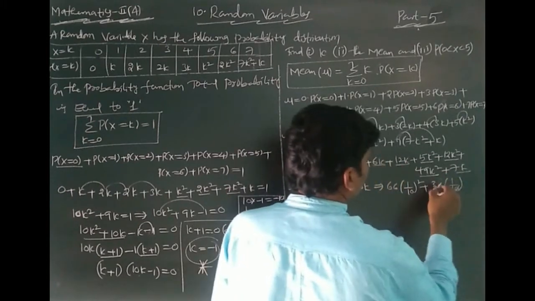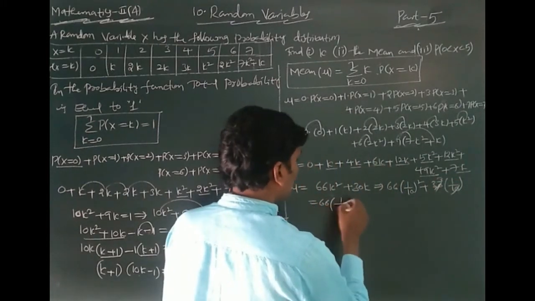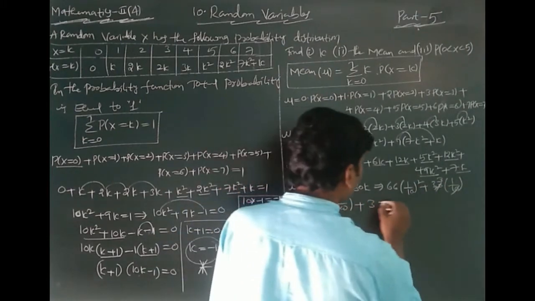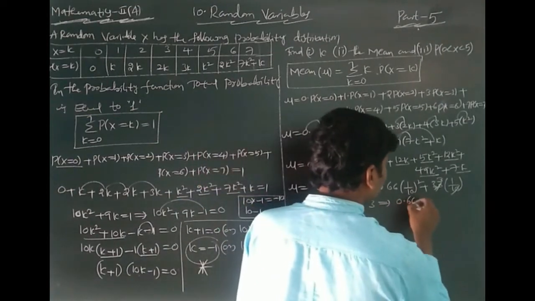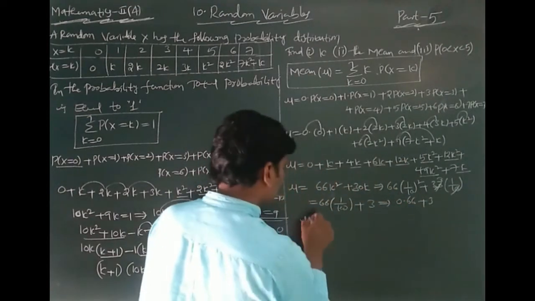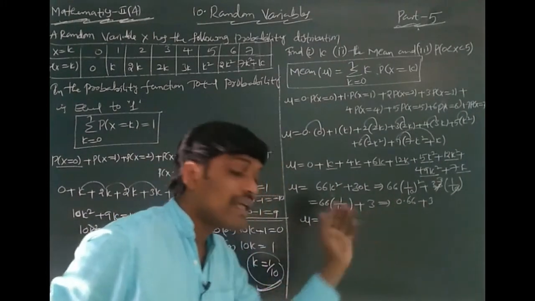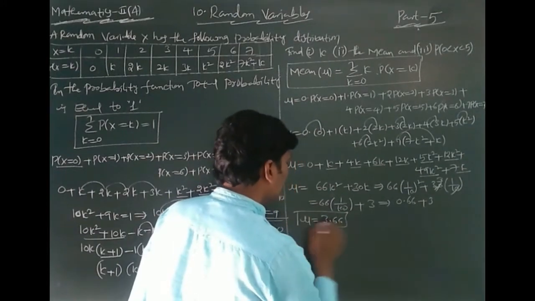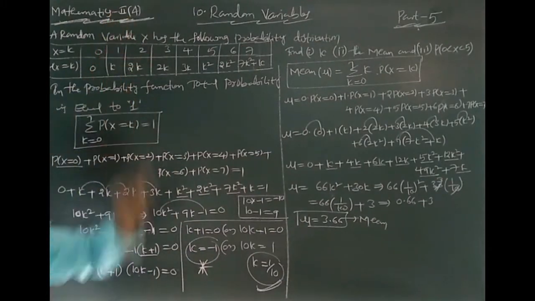You get 66 by 100 plus 30 by 10, which is 3. 66 by 100 is nothing but 0.66, plus 3, you get 3.66. This is the mean of the given probability function.